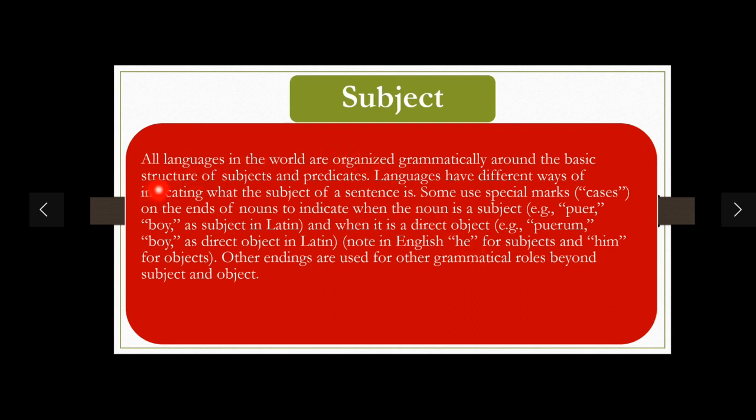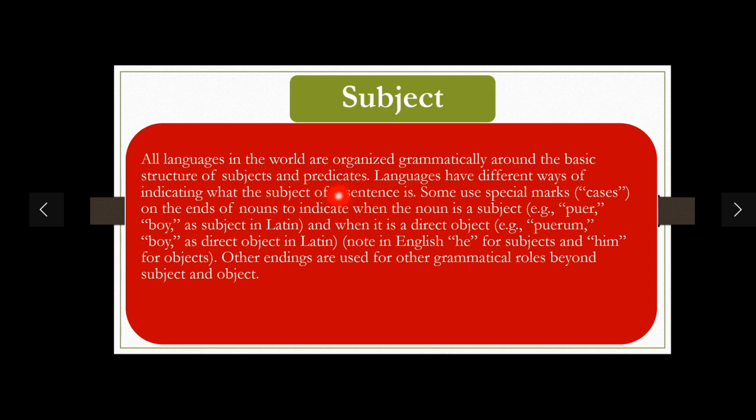Subject. All languages in the world are organized grammatically around the basic structure of subject and predicate. So it means that all languages which are spoken or written around the world have two important notions you have to remember. One is subject and one is predicate. But in all languages, subject and predicates are used differently.